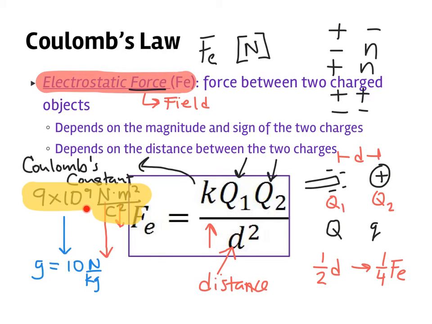This is 9 billion, this is 10. So there's a huge difference in strength between this force and gravity, and it's all due to this constant. The constant gives you a representation of how strong the force is.